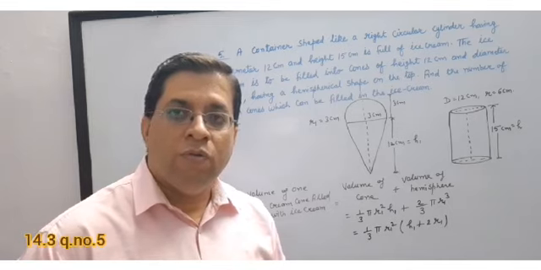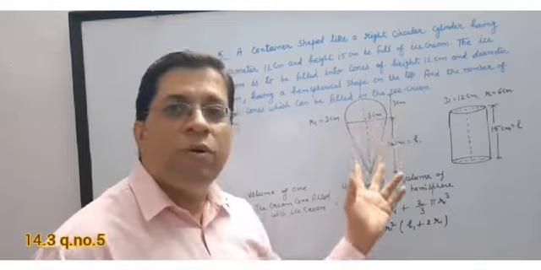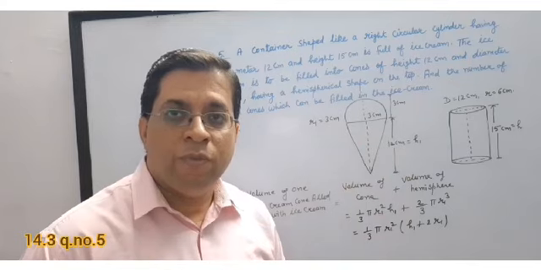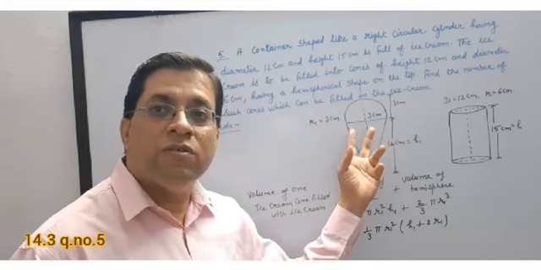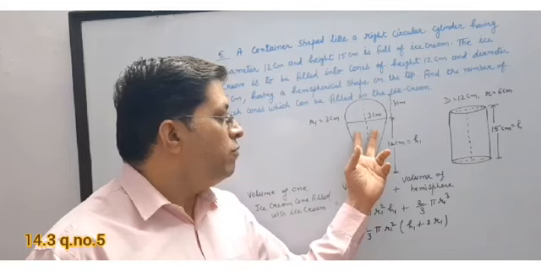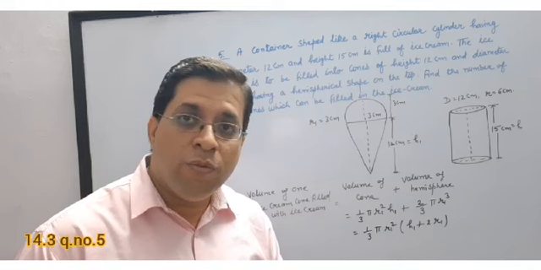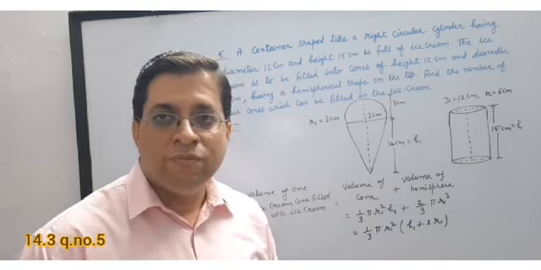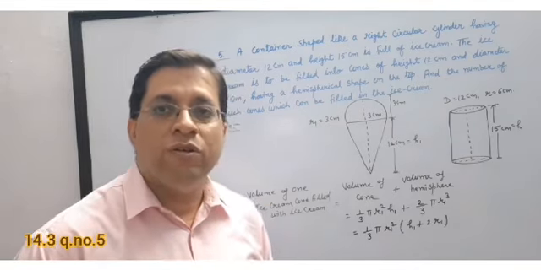First of all, find out how much ice cream is filled into one cone, because this ice cream cone is made up of two solids: one is a cone and one is a hemisphere. Volume of hemisphere is 2 upon 3 pi r cube, and volume of cone is 1 upon 3 pi r square h. Here I have taken r1 and h1 for notation.